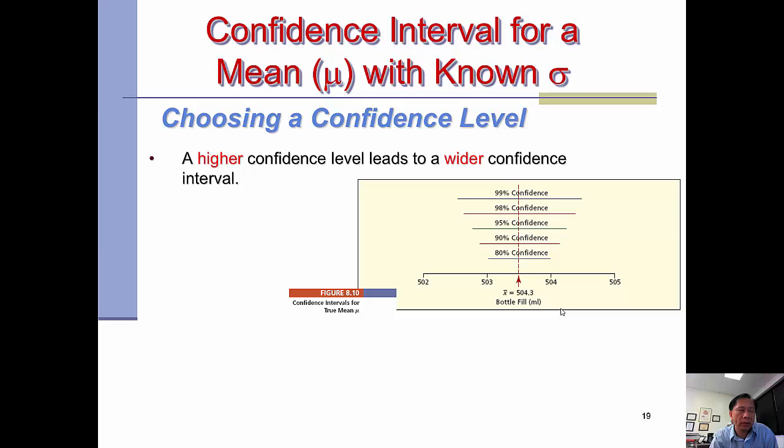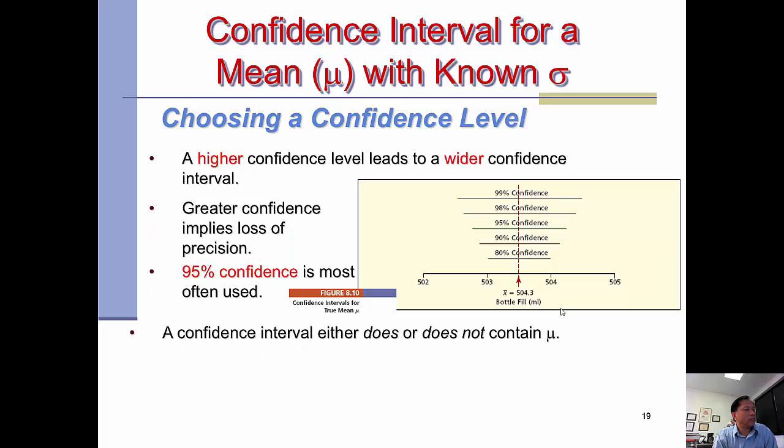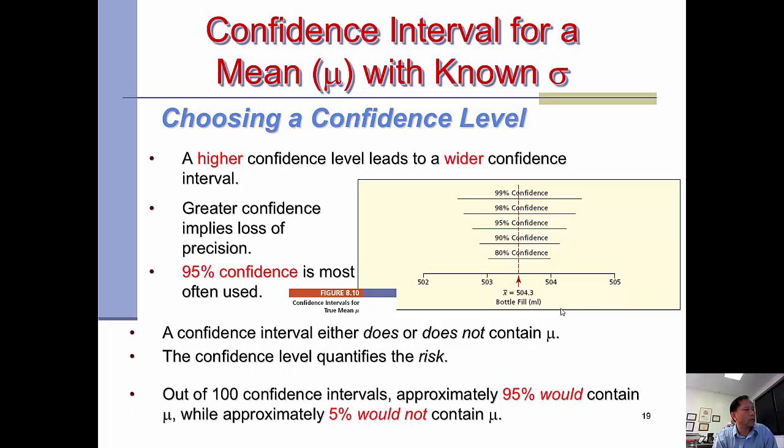Because you want to be more confident, right? You have to increase your range, you have to increase your confidence interval to make sure you contain a higher level, let's say 90% or 99%, of all the values. Okay?